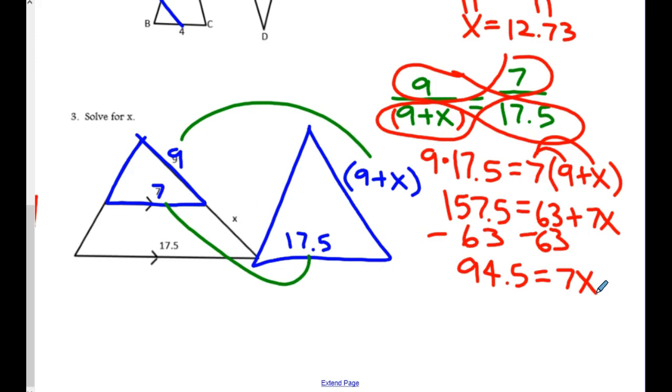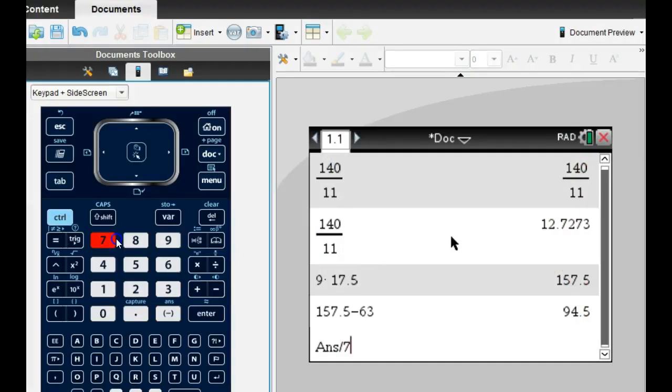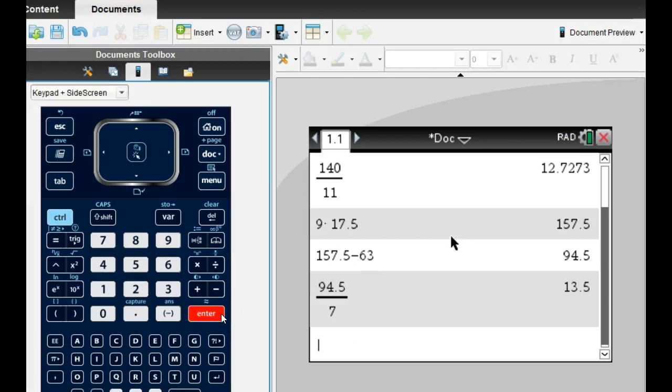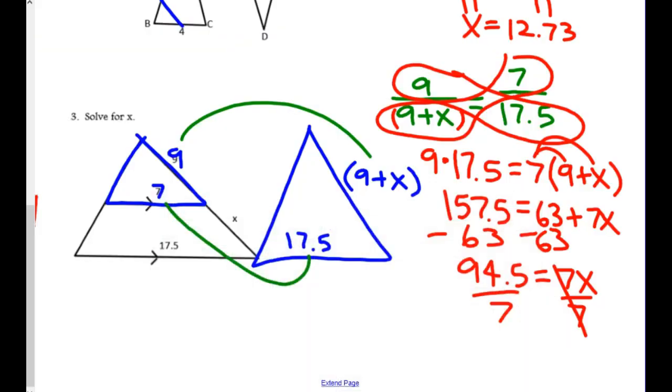And then our last step, to get rid of that 7, we divide by 7, and we get 13.5. Okay? So even if you have a weird problem where there's a two-termed expression, you can still solve it. Okay? And that's how you do those.